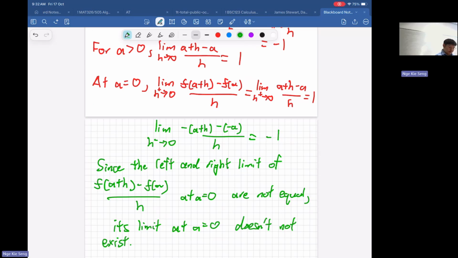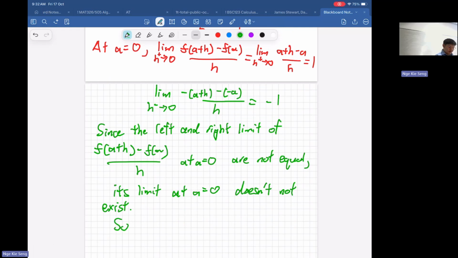If this limit doesn't exist, it means that f is not differentiable at x equals 0. We are talking about f(x) here. So that's what we say.